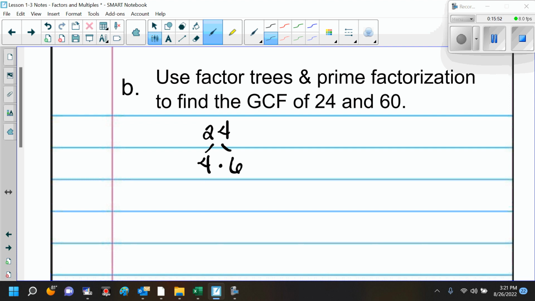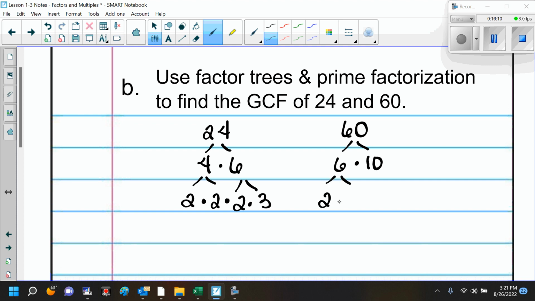So 4 times 6, we can break those down. 2 times 2 for 4, and 2 times 3 for 6. For 60, we can break that down to 6 times 10. And the 6 can be broken down to 2 times 3, and the 10 can be broken down to 2 times 5.